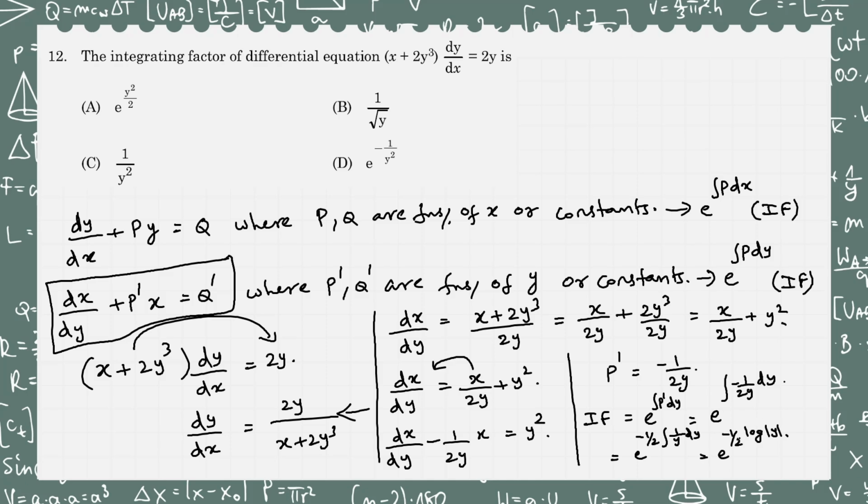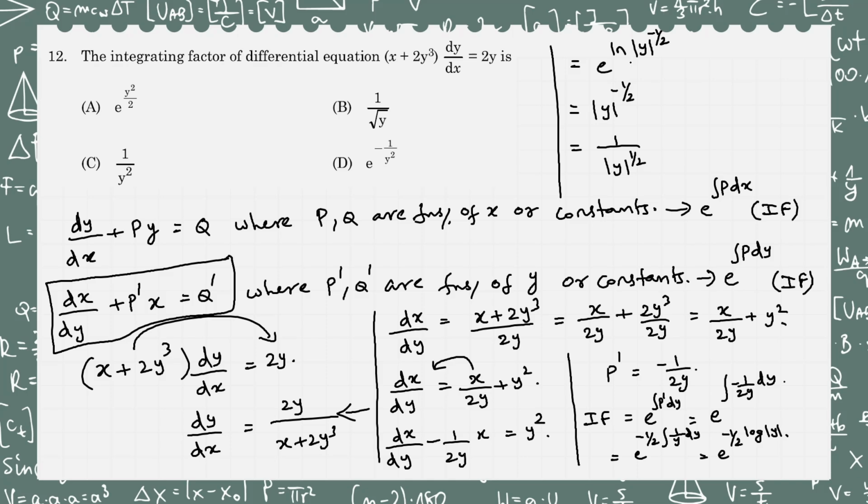And this minus 1 by 2 has to go to the power, then only we will be able to cancel this. So we do that here. This is equal to e power ln modulus y to the power minus 1 by 2, right? So this e and ln will cancel each other. We get modulus of y power minus 1 by 2, and this can be written as 1 by modulus of y power 1 by 2.